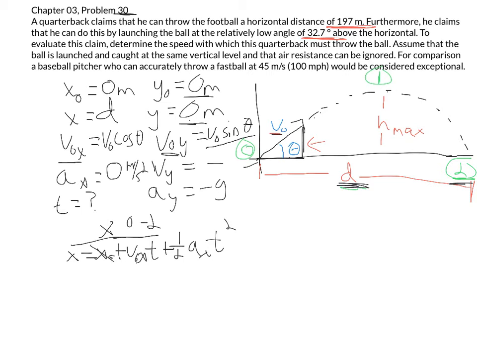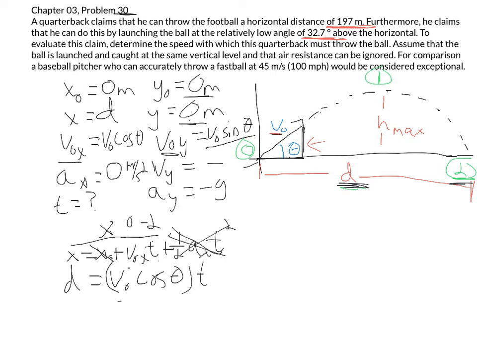X initial is 0 here, and the acceleration term is 0. Sorry about that cross-out mark I just added. So what we're left with is x, which is the distance D, equal to v initial cosine theta, multiplied by t.